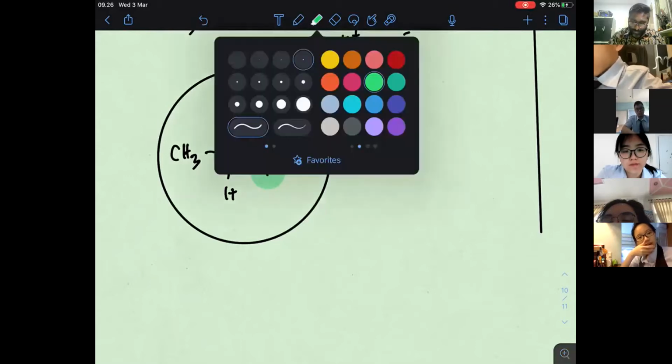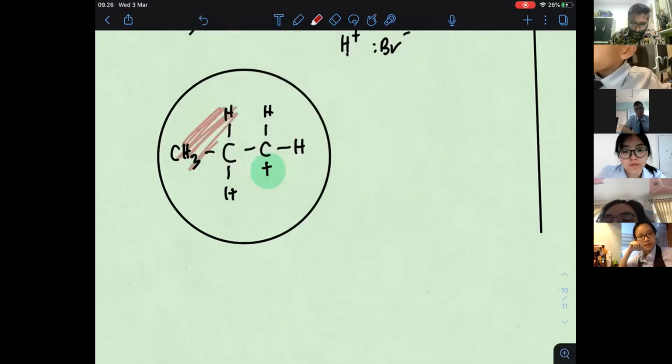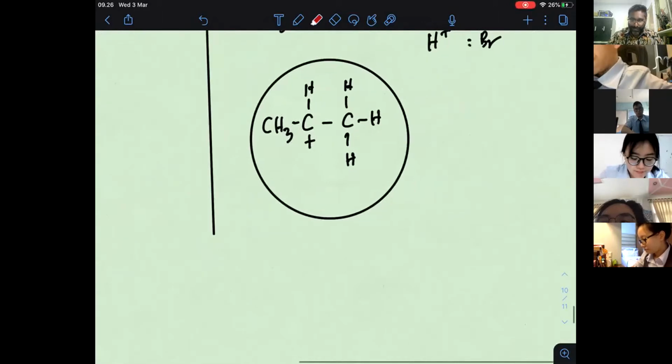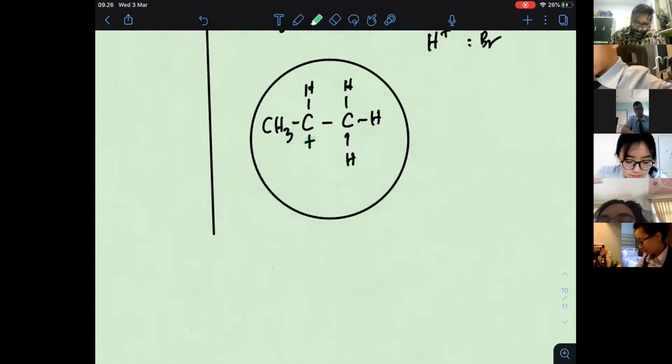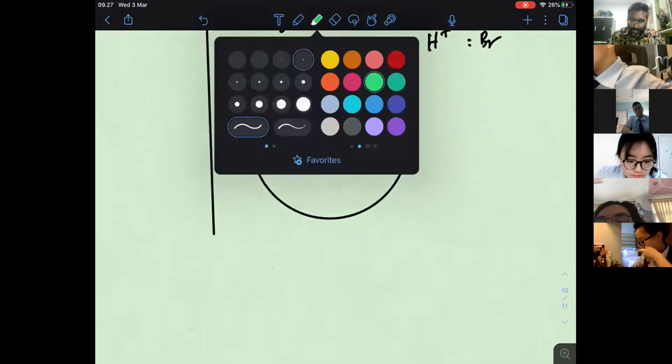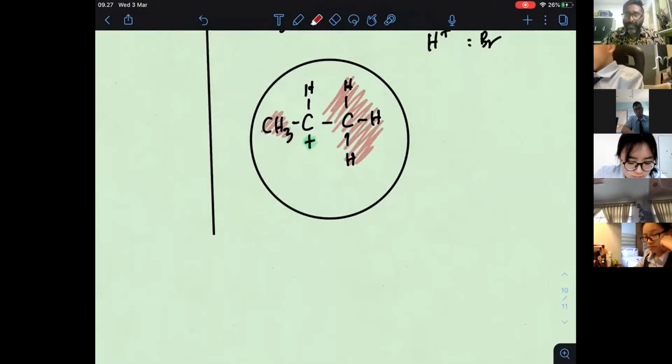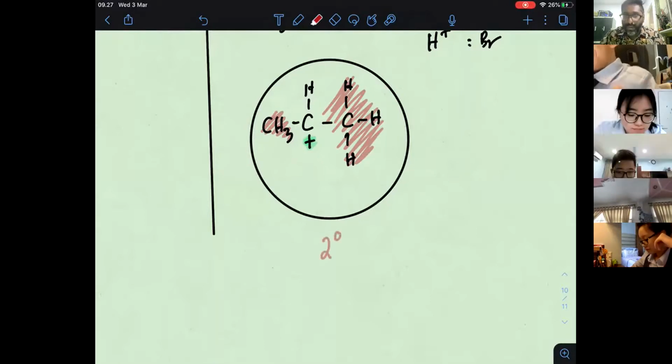This entire thing is going to be 1 R group. One only, so it's primary carbocation. Now, if you look at this situation, this is the positive ion we are going to look into. The carbon attached to it is attached to 1 R group and another R group, 2 R groups. This is going to be secondary carbocation.